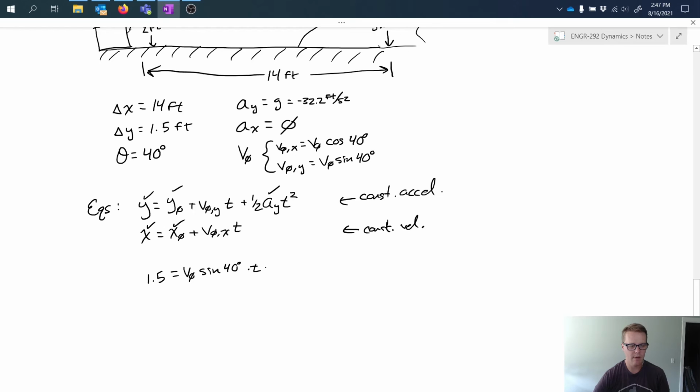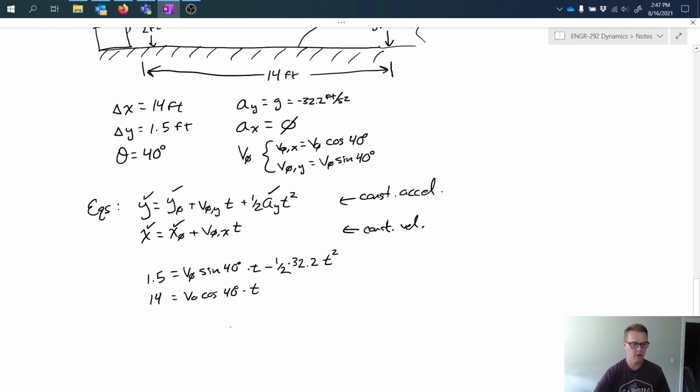And then we have acceleration in the negative direction, so negative 1/2 times 32.2 t squared. For my x equation, I have a delta x of 14 feet, which is then going to be equal to my v naught x, which is v naught cosine of 40 degrees times t.